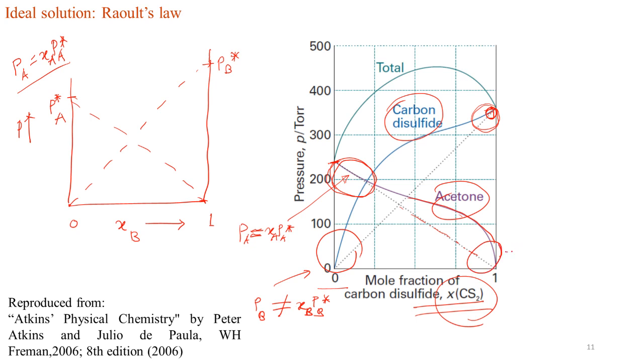When you write it in terms of PA, where A is the solute, as XA into PA star, it is very wrong because it has a huge departure. However, with respect to B, when B is in large excess, you can actually write XB into PB star.